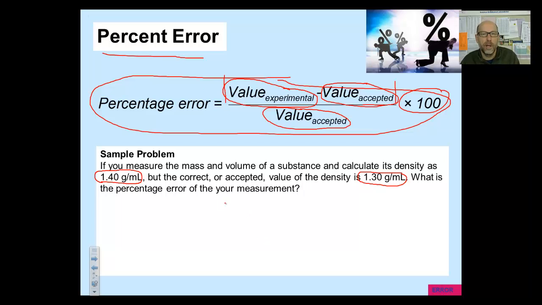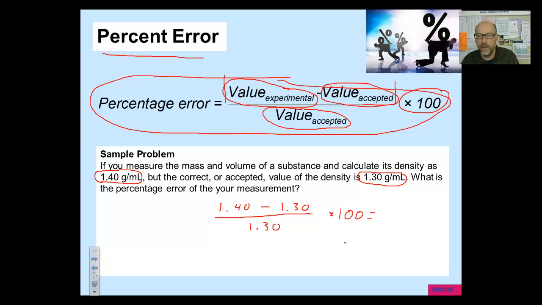I'll say experimental 1.40 minus accepted, I was supposed to get 1.30, divided by what I'm supposed to get, 1.30, and then last but not least, I'll multiply times 100.